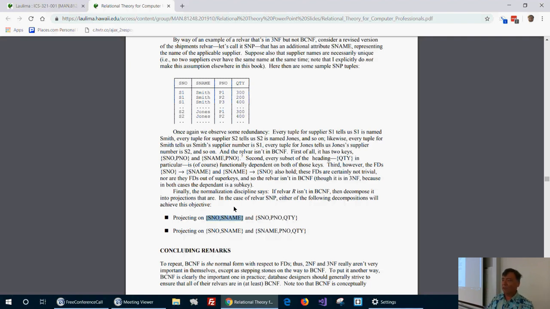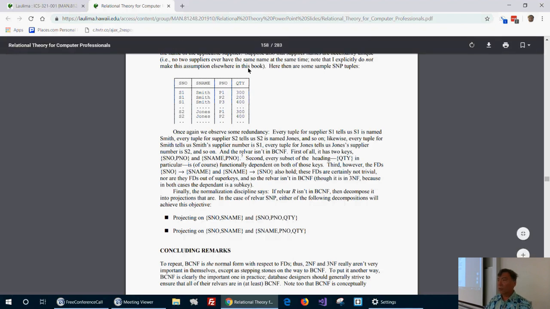If it's in BCNF, anything that depends on anything else has to be able to be a key, basically. So this depends on this, but this cannot be a key.